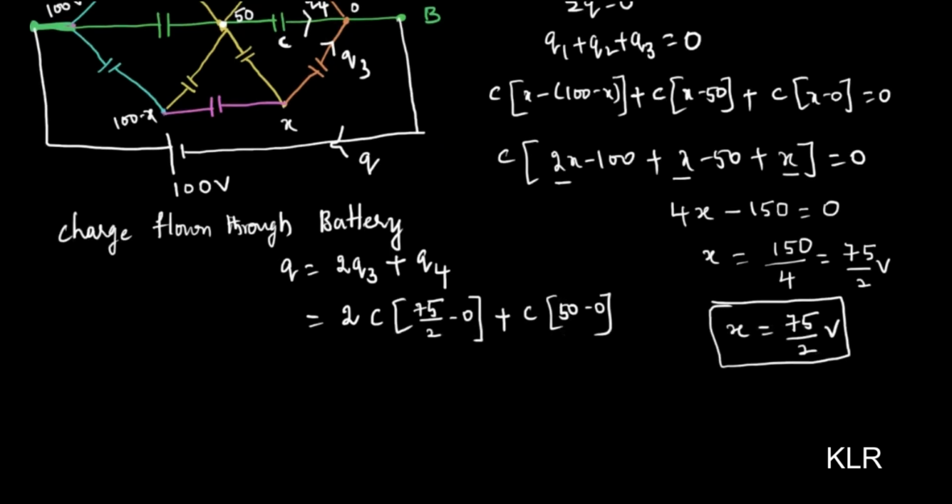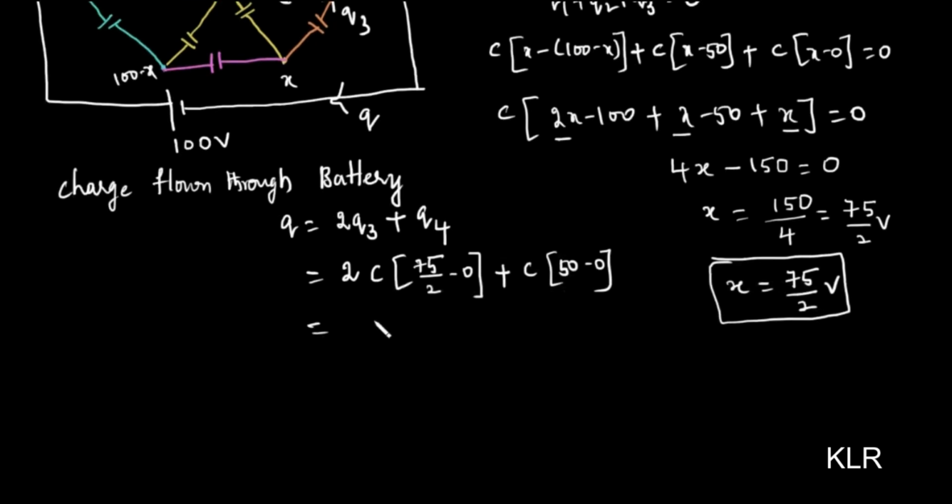Here the 2 and 2 get cancelled. This is 75C plus 50C, that is equal to 125C. So the total charge flowing through the battery is 125C.